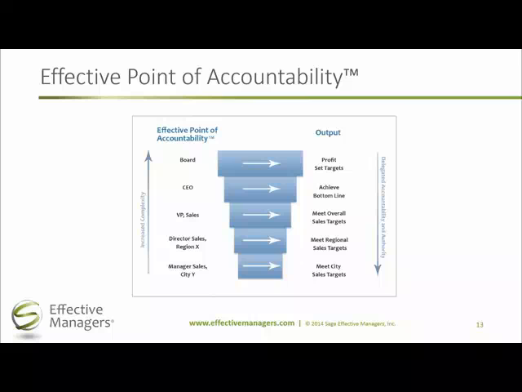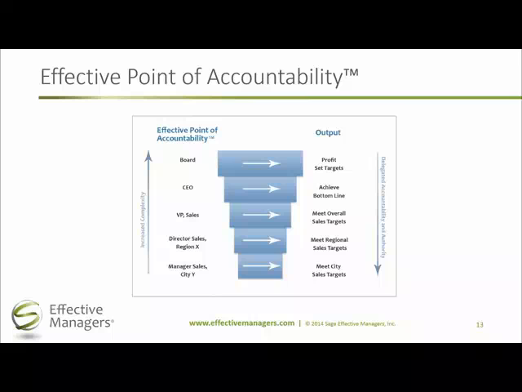If we think then about the model, this is based on our proprietary approach to accountability called the effective point of accountability. The effective point of accountability is that lowest point in the organization, which is a single point of accountability, where the individual has the skills and the capability to be able to do the work.